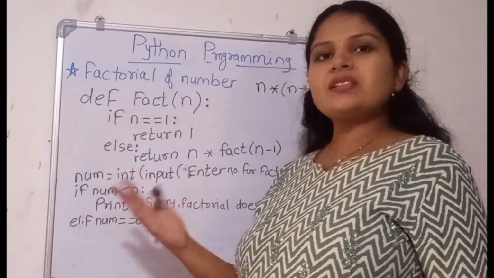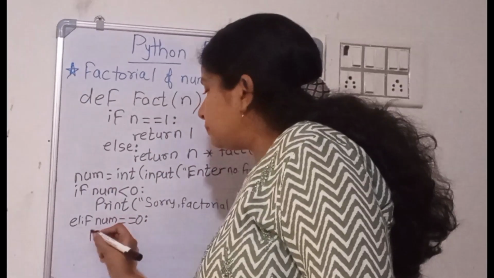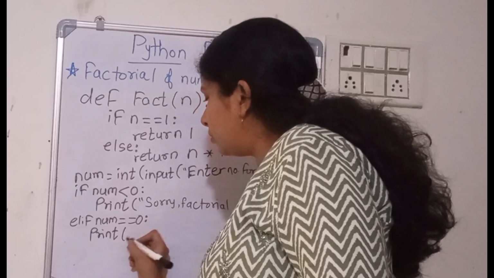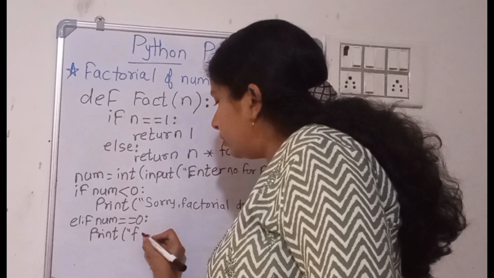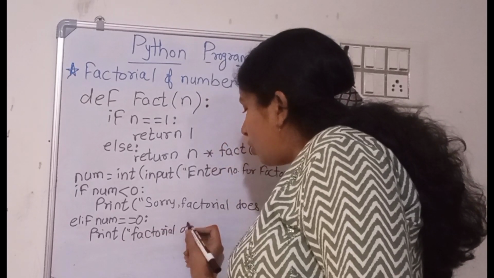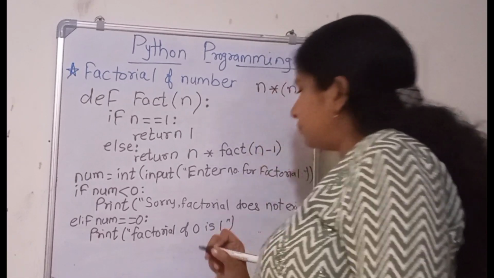So if number is 0, then you can put the message directly: factorial of 0 is 1, right?